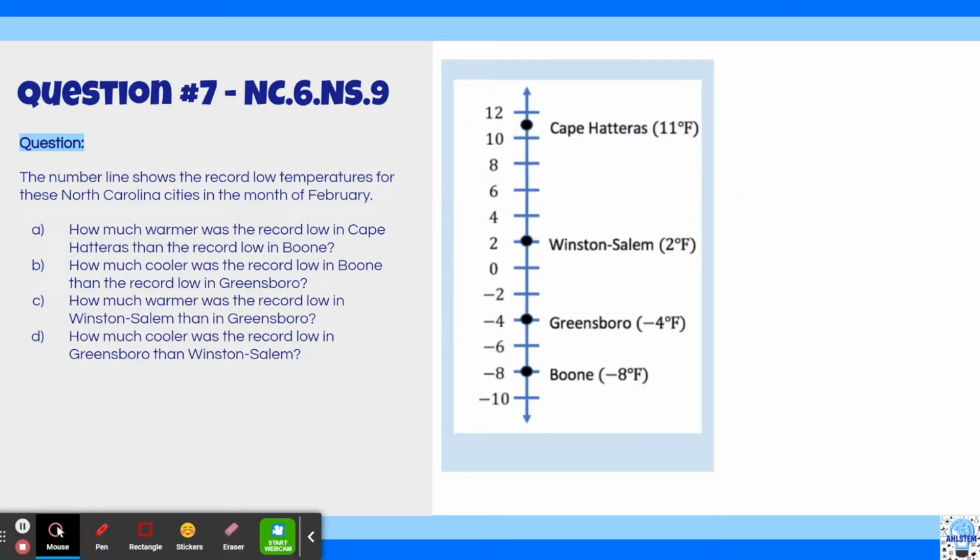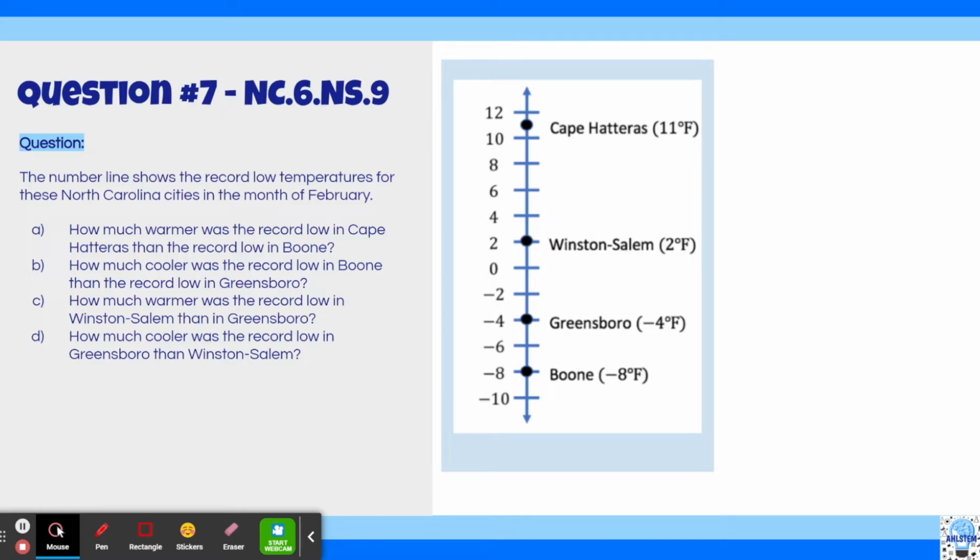Yay, we made it to the last problem. Let's do it. The number line shows the record low temperatures for these North Carolina cities in the months of February. So there are 4 parts to this, but they shouldn't be too bad. A. How much warmer was the record low in Cape Hatteras than the record low in Boone? B. How much cooler was the record low in Boone than the record low in Greensboro?